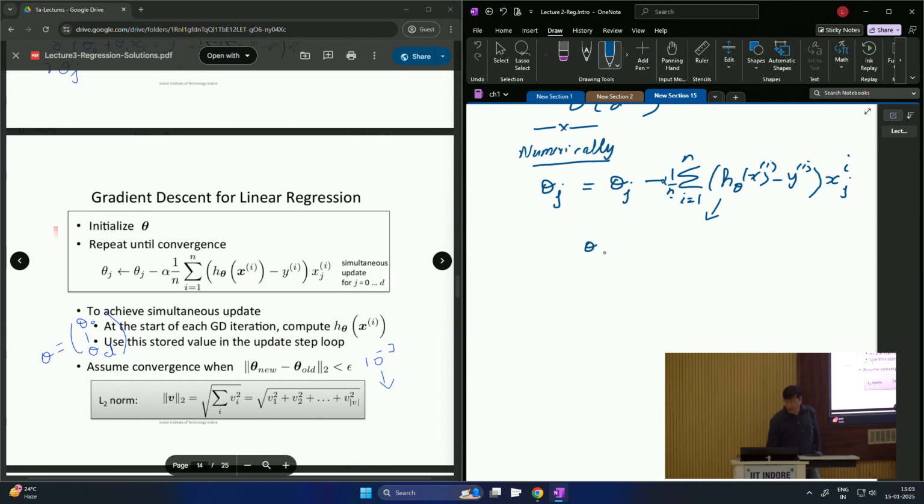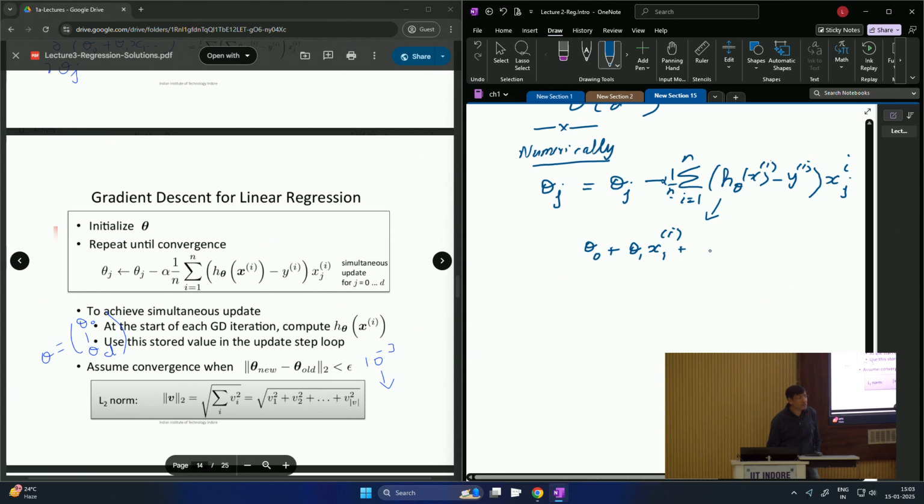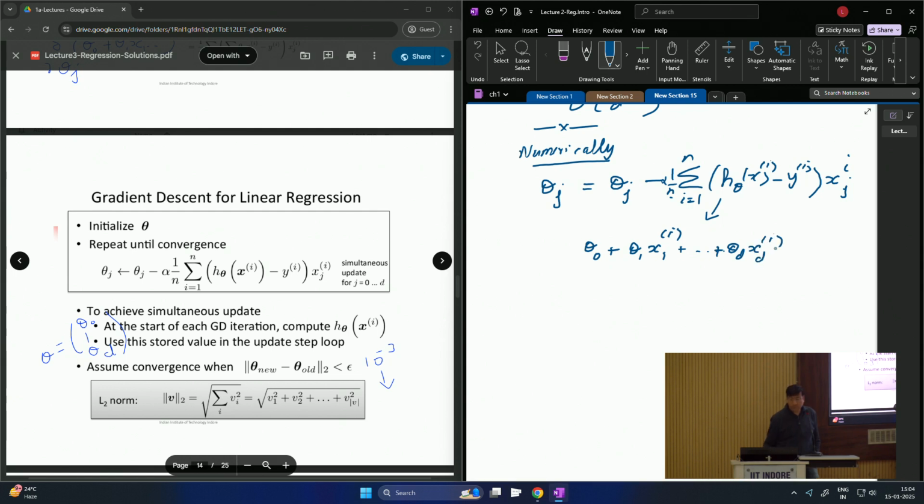So you write h theta first is theta naught plus theta 1 xi1. We are doing a linear regression, remember? So it has to be linear. There are no squares. It's just plus theta d xdi. Correct? You recall this? Now tell me what is the complexity of finding one theta?